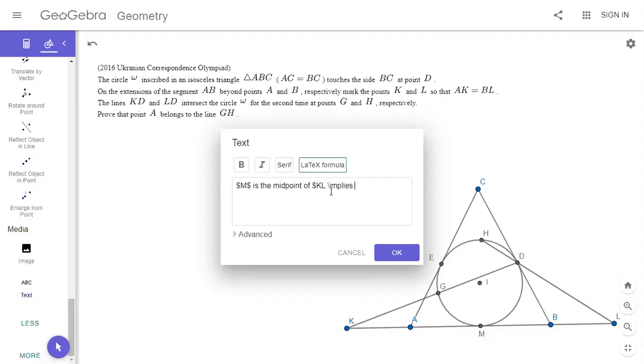That means that K, L, M, and the point at infinity are in harmonic conjugation.